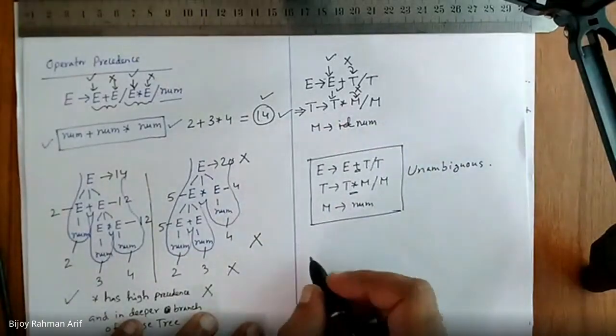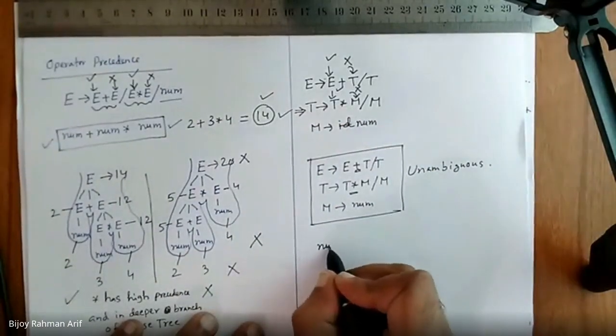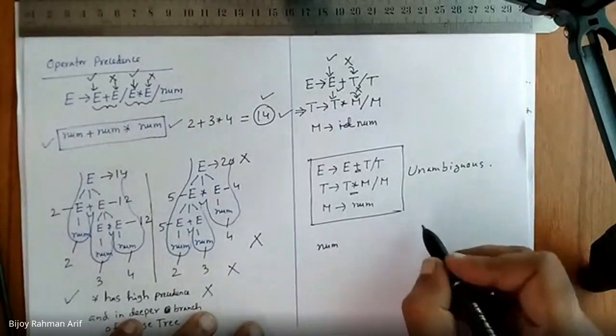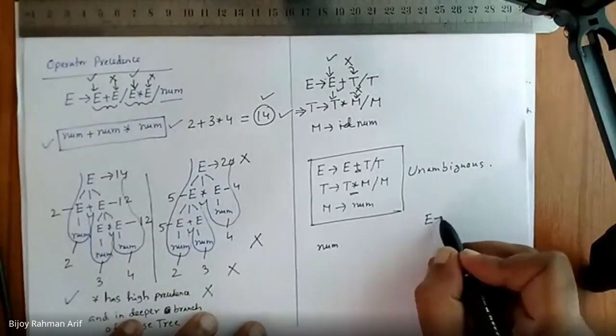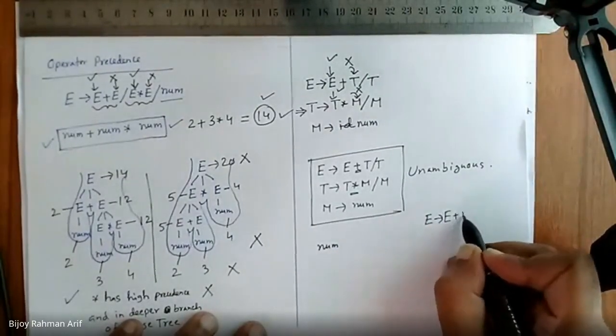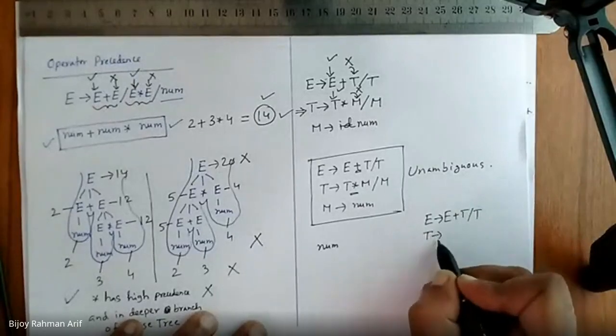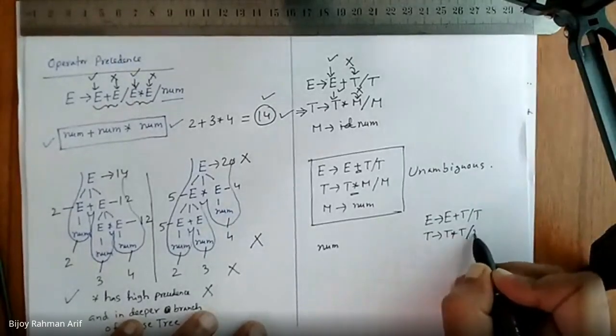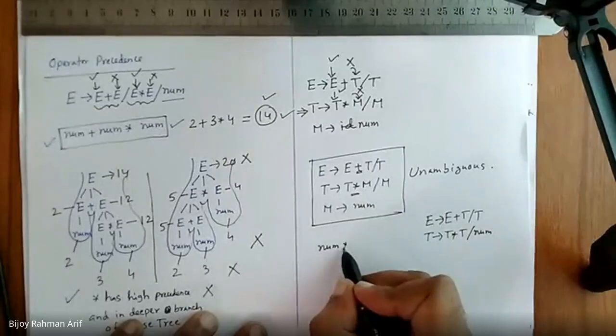Let's say he wrote E derives E plus T or T, and T derives T star T or num. Now let's take num star num.